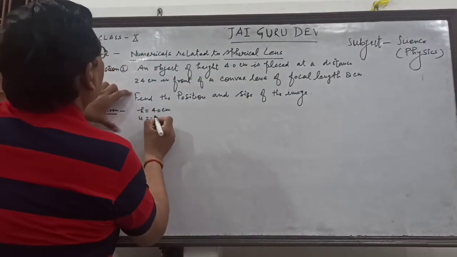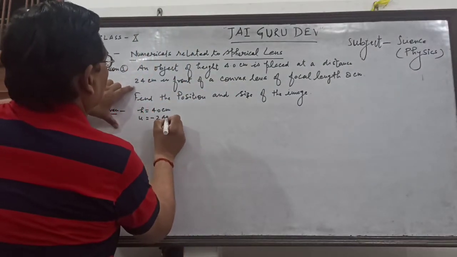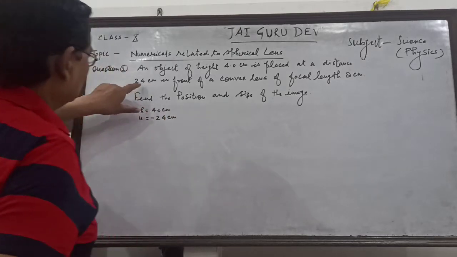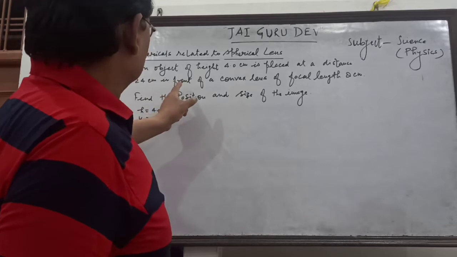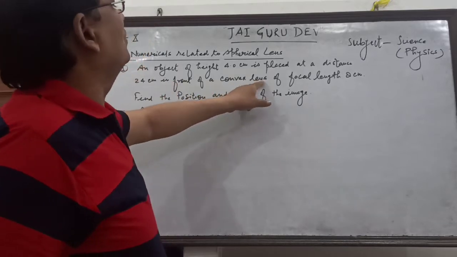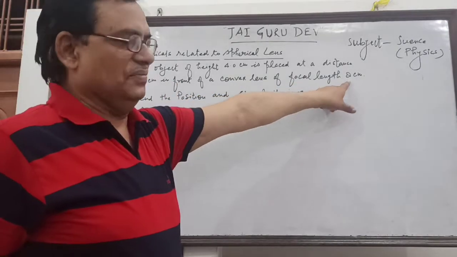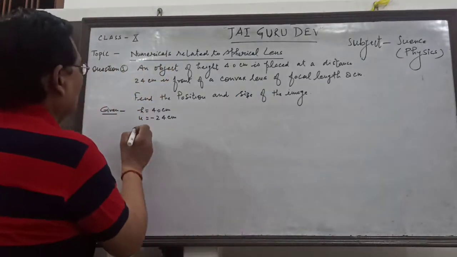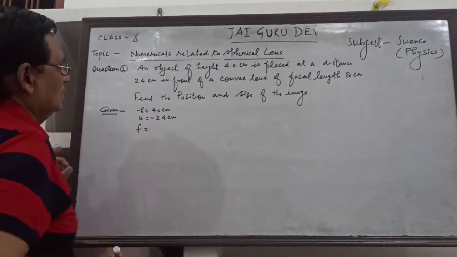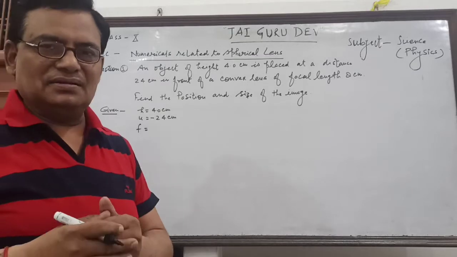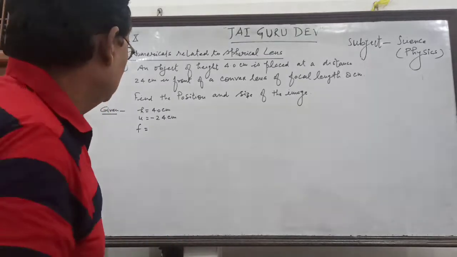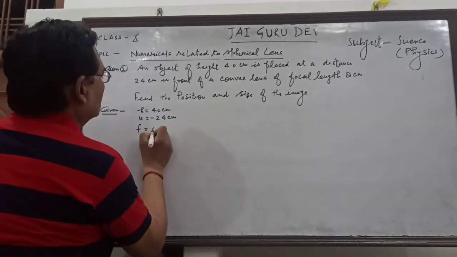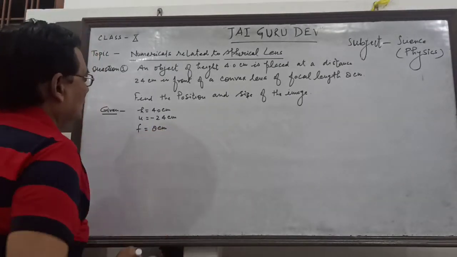So u is equal to minus 24 centimeter. Focal length f: the device is convex lens and sign of focal length for the convex lens is always positive. So f is equal to 8 centimeter.